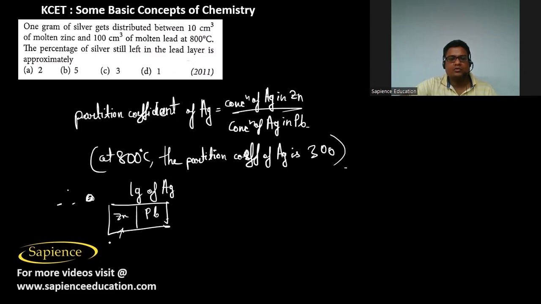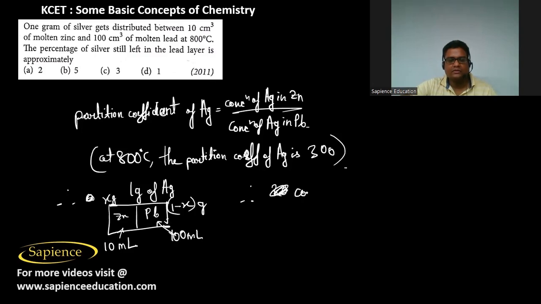So here 1 gram of silver is distributed between the molten zinc and molten lead. The volume of the molten zinc is 10 centimeter cube, or 10 ml, and the volume of the molten lead is 100 centimeter cube, or 100 ml. Let's say out of this 1 gram, X gram is mixed with zinc, and the remaining, which is 1 minus X gram, is mixed with the molten lead. Therefore the partition coefficient is 300.